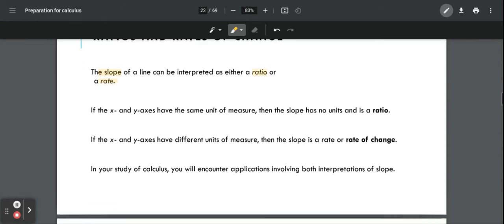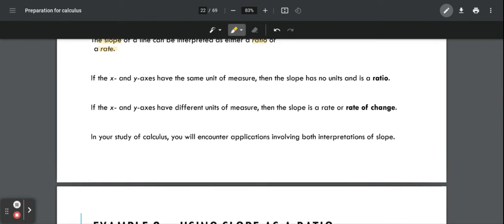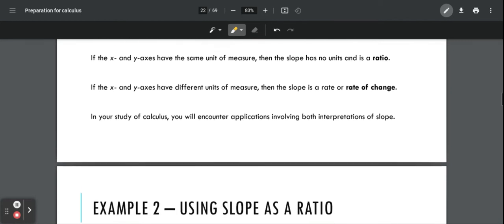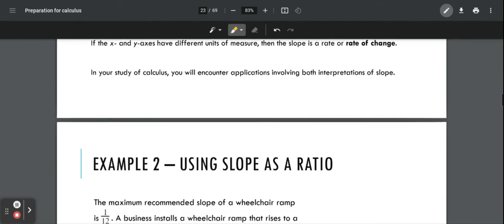If the x and y axes have different units of measure, then we're going to have a rate of change. So that would be if you have a time and a distance graph, you might have miles per hour as your rate of change. And then when we're talking about this in terms of calculus, you'll have applications that involve both. So you have to be aware of those smaller details as you're going through these problems.